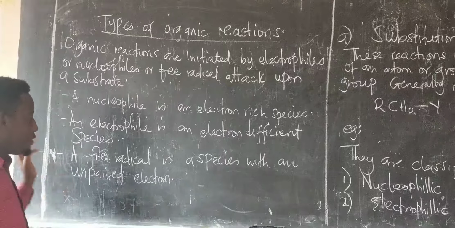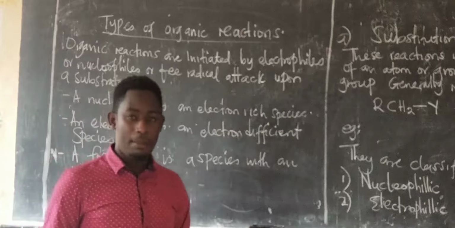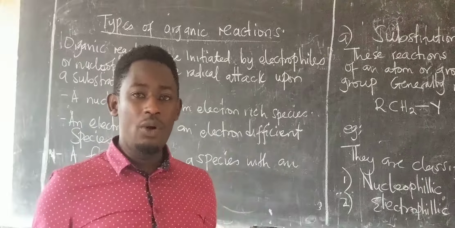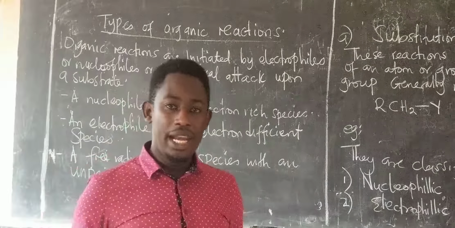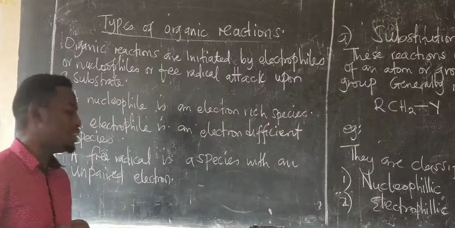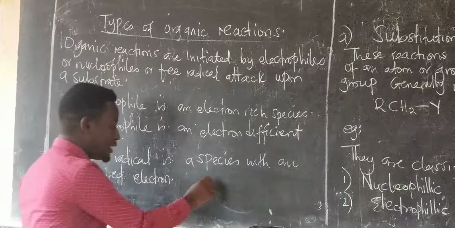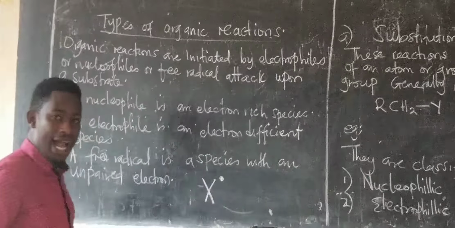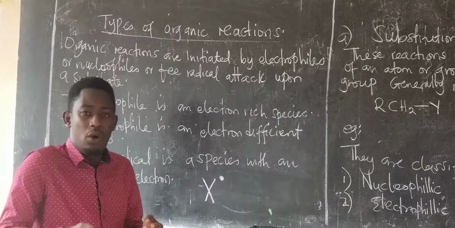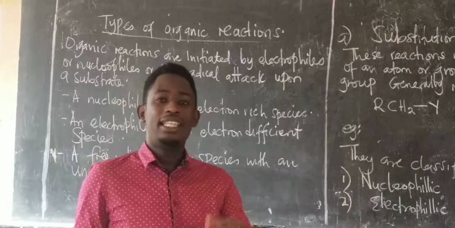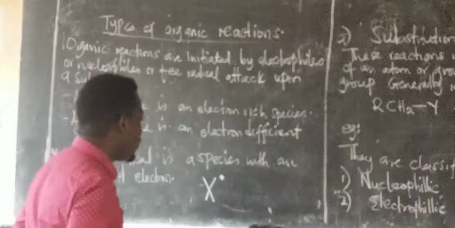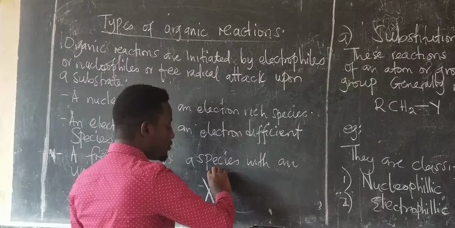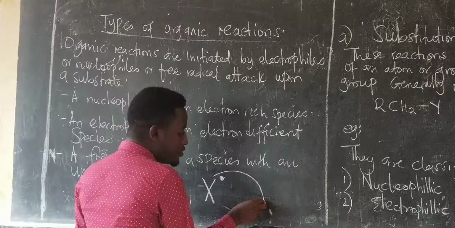On the other hand, a free radical is none of the above. A free radical just has a single or an unpaired electron. And in most cases, we denote it with a dot. So it is in form of X dot. And the free radical mechanism follows the fact that a single electron will always move in the form of a half arrow.